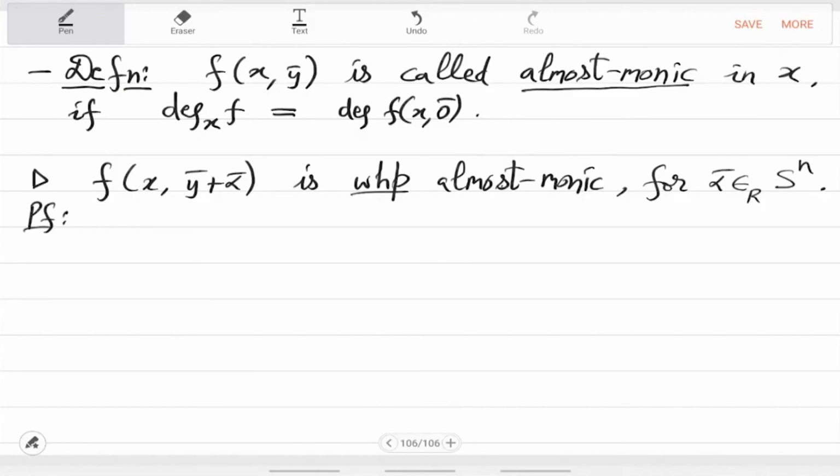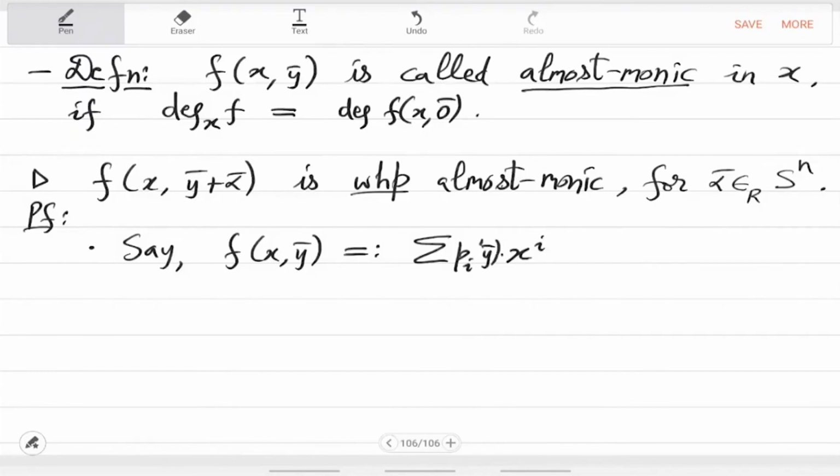You write f as a polynomial in x, so the coefficients are functions in y bar. x to the e is the leading monomial, so this coefficient p_e is non-zero.